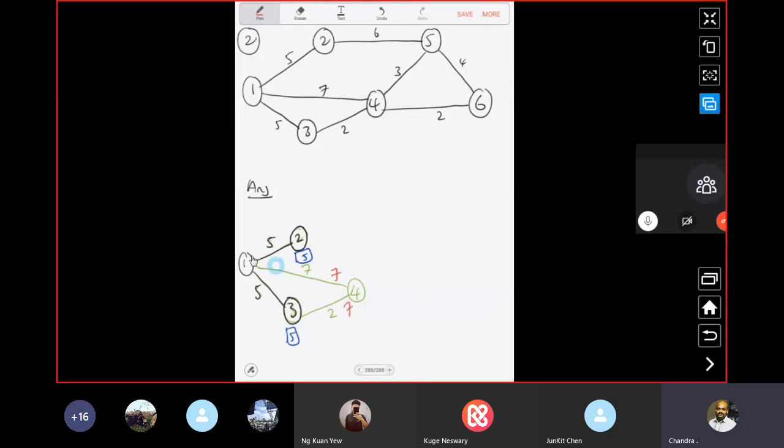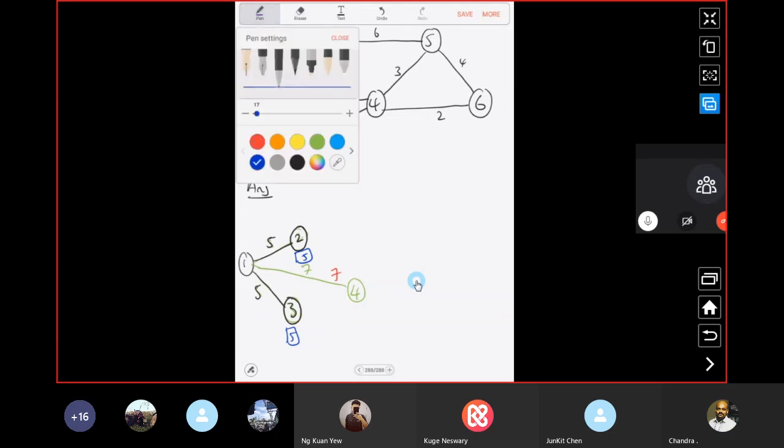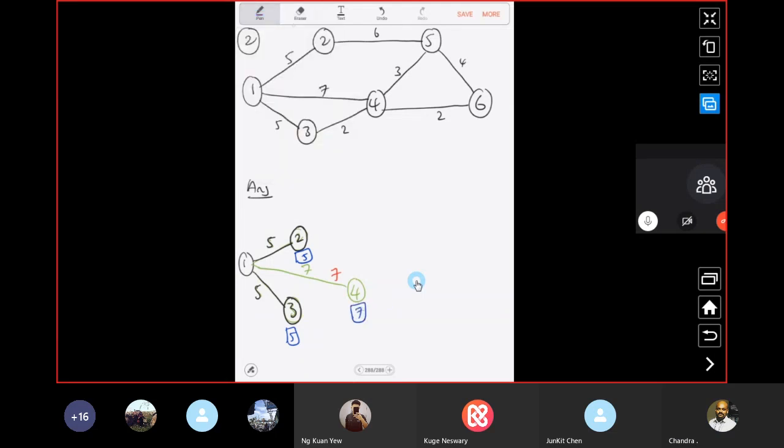You can choose either one, the answer is correct. I prefer to choose this one. You can also choose the other, no problem, because it gives the same distance.